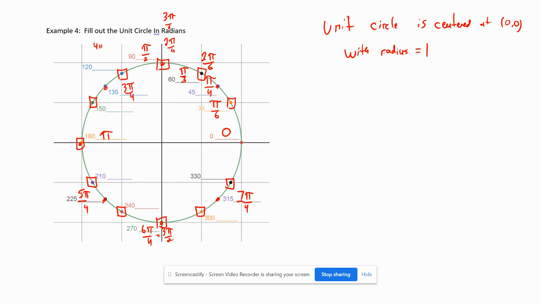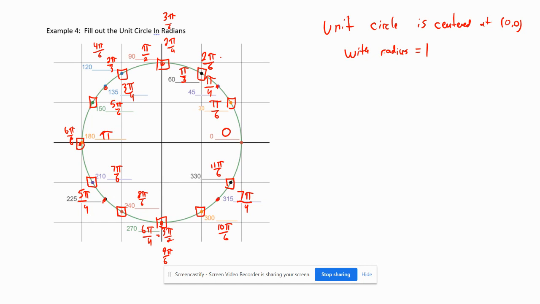This is 4 pi over 6, which is 2 pi over 3, 5 pi over 6, 6 pi over 6, 7 pi over 6, 8 pi over 6, 9 pi over 6, we'll reduce these in a second, 10 pi over 6, last one is 11 pi over 6. If I was to go back to 360, which would be this point over here all the way around, that'll be 12 pi over 6, and 12 over 6 is the same thing as 2 pi.